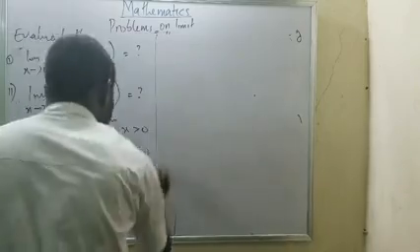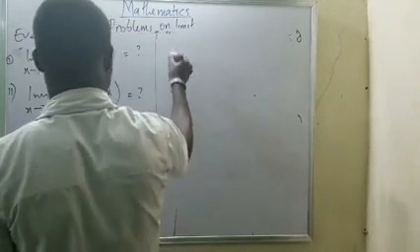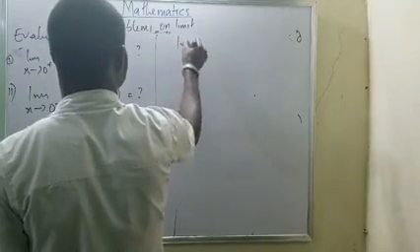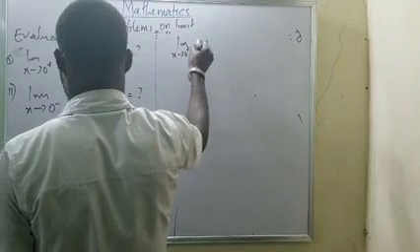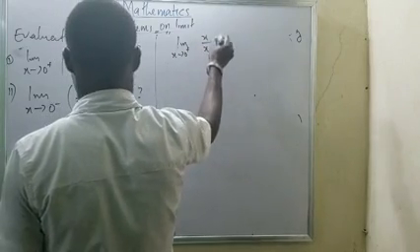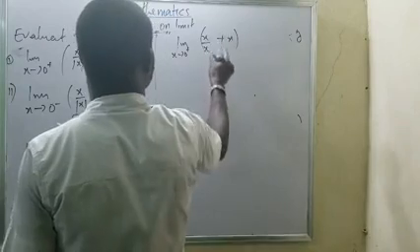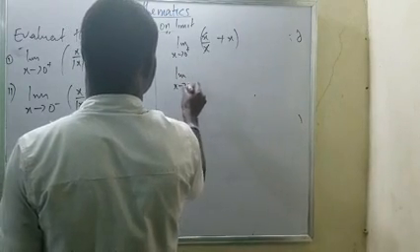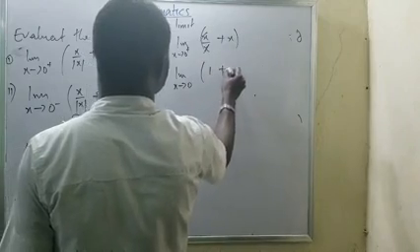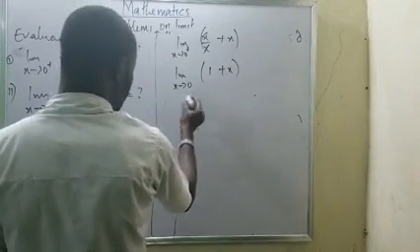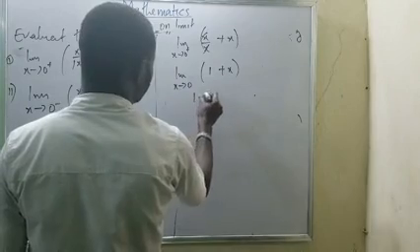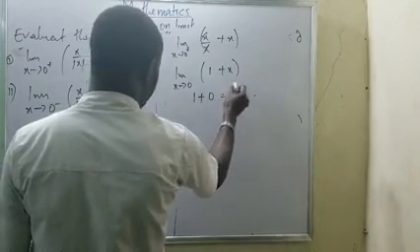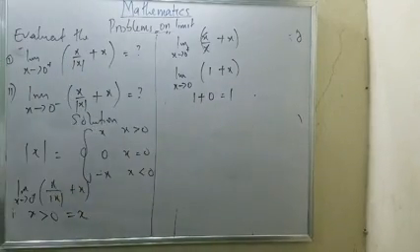It means I'll have the limit of x positive, x all over x plus x, where this cancels to give 1. The limit of x positive will be 1 plus x. Now I limit my function: 1 plus 0, which is equal to 1. That is the first one.